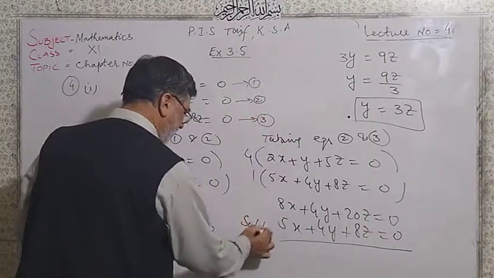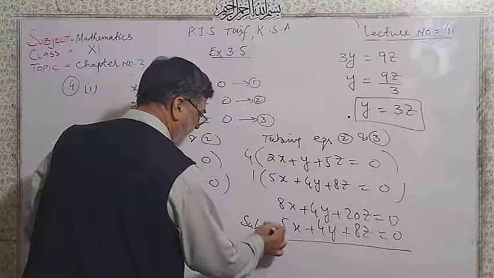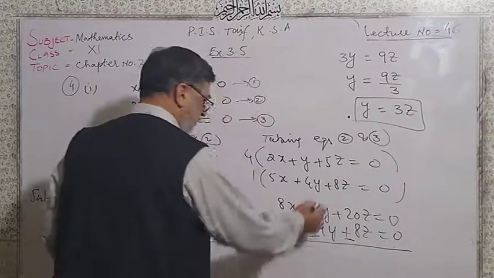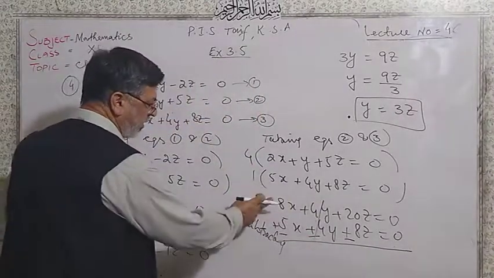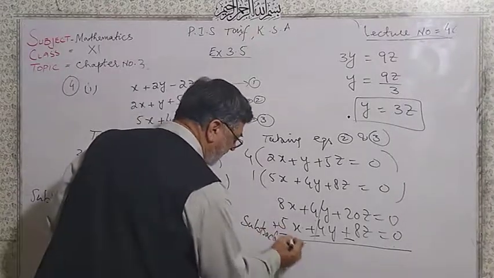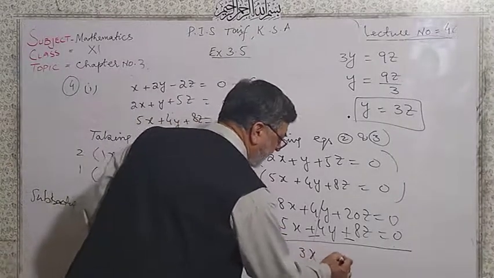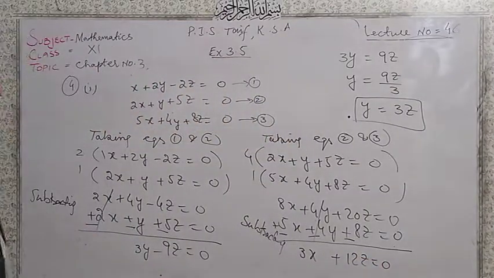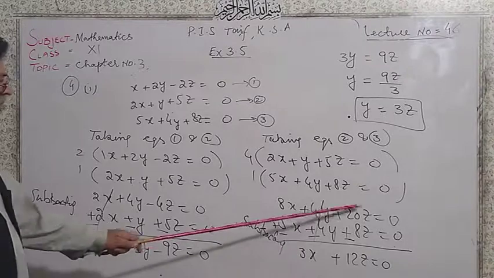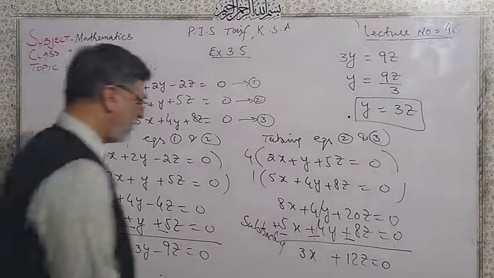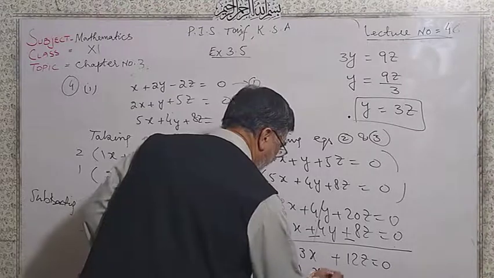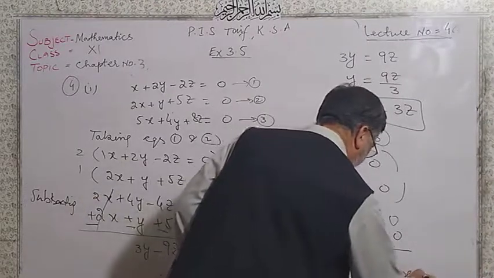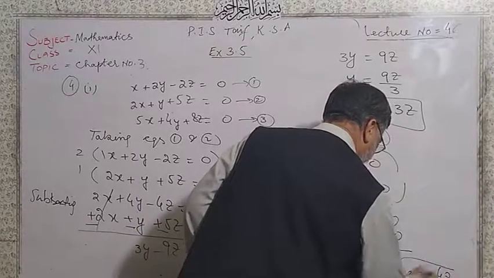Again subtracting, change the sign. Plus 4y minus 4y cancelled out. 8x minus 5x is 3x, plus 12z is equal to 0. 3x plus 12z is equal to 0, or you can say x plus 4z is equal to 0, which implies that x is equal to minus 4z.